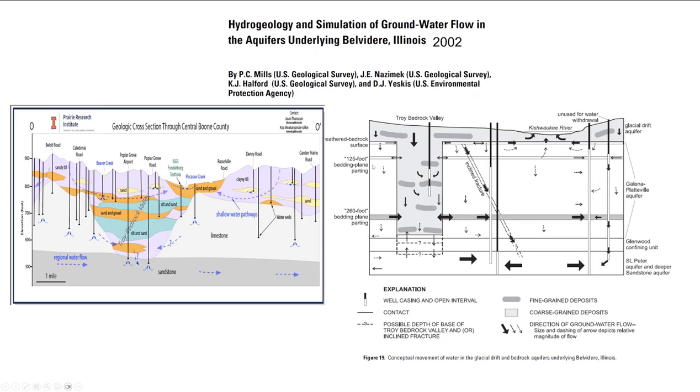He was defining bedding plane partings in the limestone, and we can see probably where those partings are, where these water wells over here on the left are stopping. These are not all drilled at the same time. These are probably drilled decades apart, but they're all stopping in zones within the limestone that are likely fractured. So those are places where water is probably moving quicker through Boone County rocks than other places.